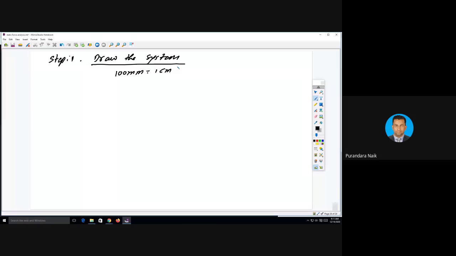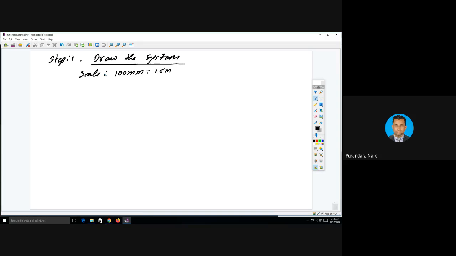You can draw the scale. Because 650 millimeter is there, the maximum length will be 6.5 centimeter, so that you can easily draw it in an A4 size sheet. So I have taken the scale as 100 millimeter equal to 1 centimeter.